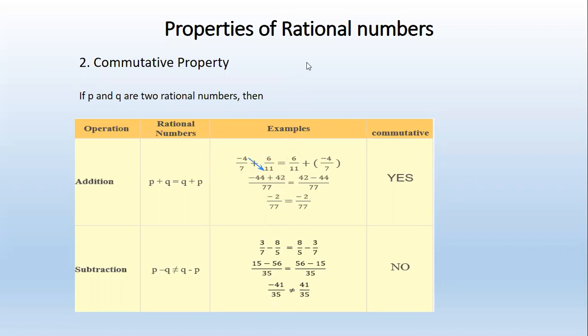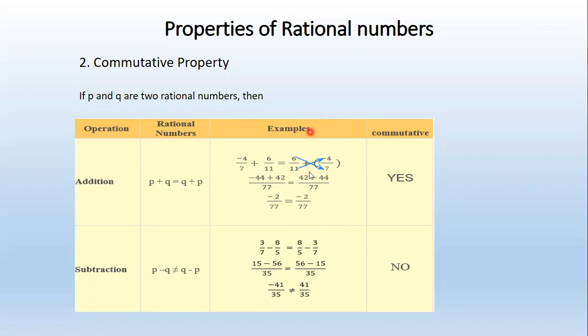So now in the right hand side, we'll see the denominators. We are adding the same rational numbers. So multiplying the denominators, that is 11 into 7, that is 77, and cross multiplying the numbers, that is 6 into 7, that is 42, and 11 into minus 4 is minus 44.